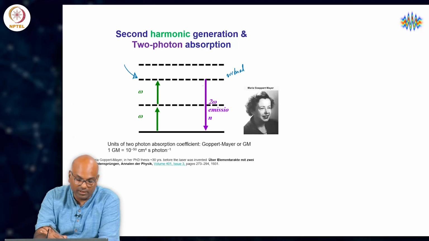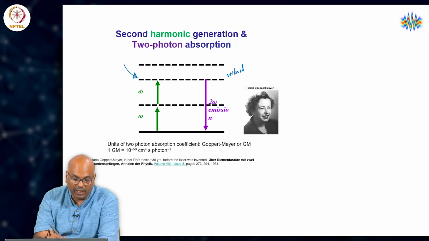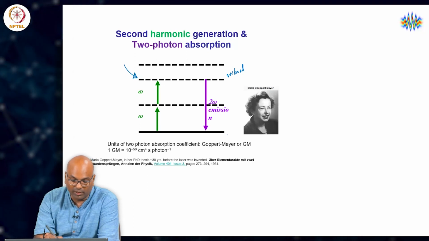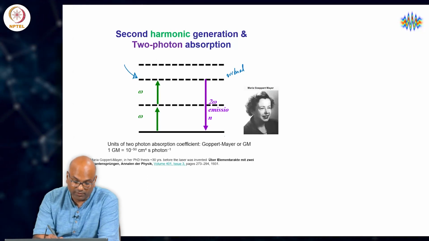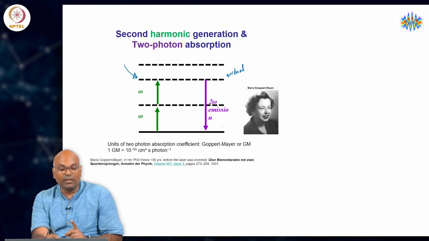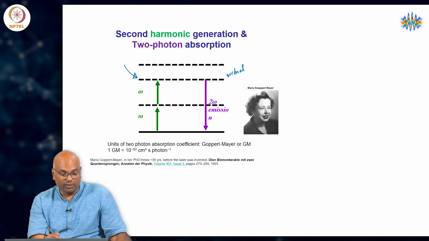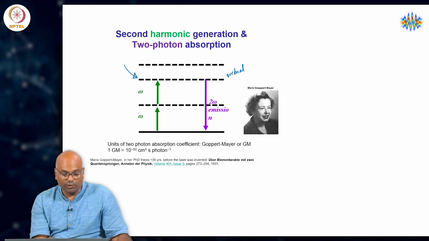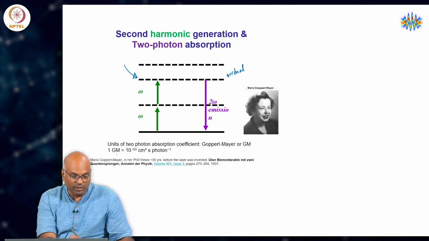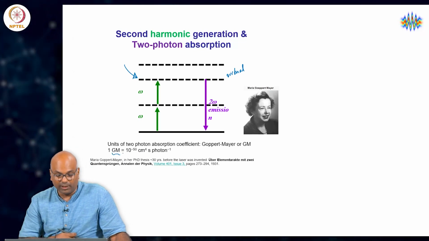From here the system can decay back to its initial or ground state by emitting a single photon of twice the frequency, thus obeying energy conservation. The coefficient of two photon absorption is measured in Goppert-Meyers, named after Maria Goppert-Meyer.